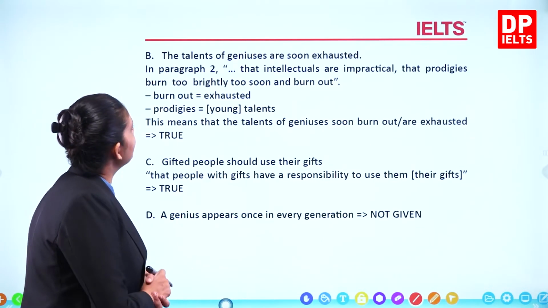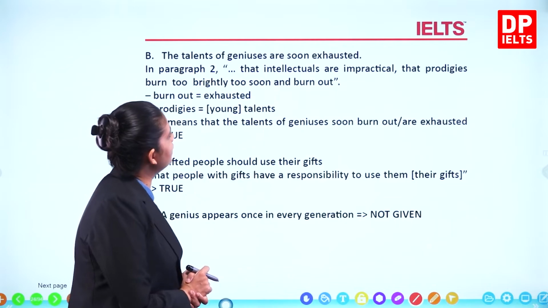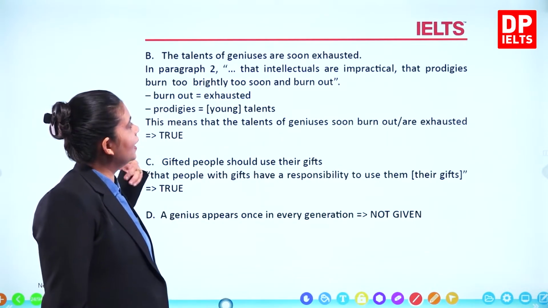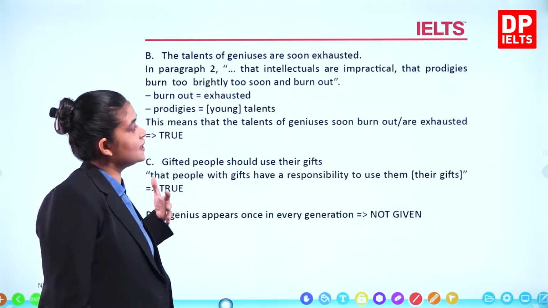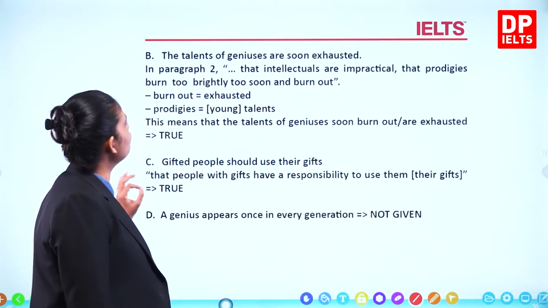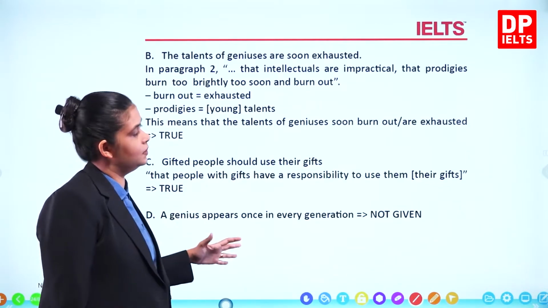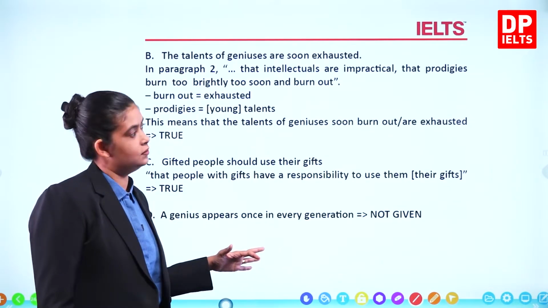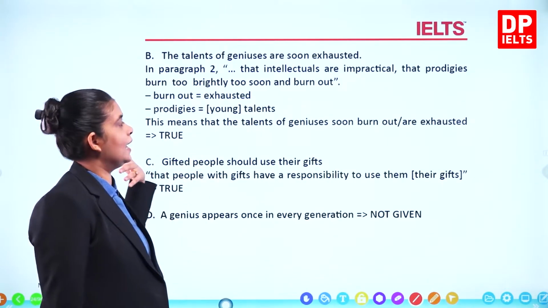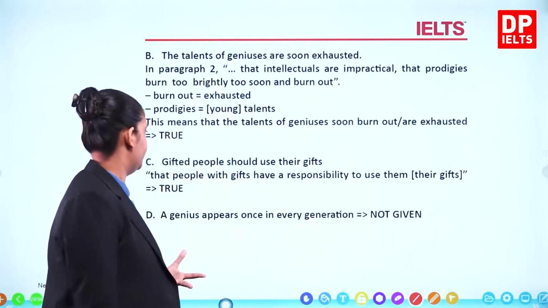B, the talents of geniuses are soon exhausted. But let's have a look at this one, para 2. That intellectuals are impractical, that prodigies burn too brightly, too soon and burn out, right, which is true. Answer is true. They exhaust really quickly.